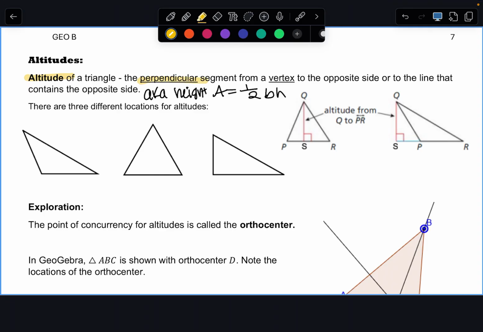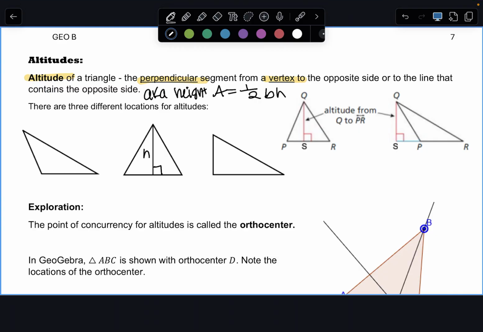It's special because it is perpendicular to a segment and it connects the opposite vertex. So what that means is it connects a vertex to the opposite side at a right angle.